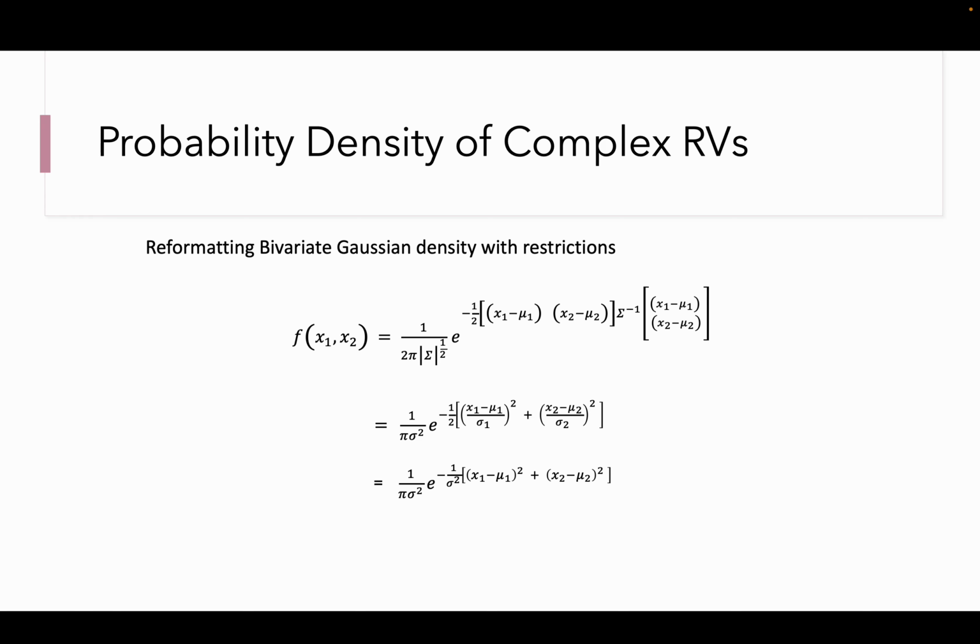The exponent component can be rewritten as 1 by sigma square times x1 minus mu1 square plus x2 minus mu2 square. Why? Because we know that the summation of sigma 1 square and sigma 2 square equals sigma square. From there we can rewrite this.